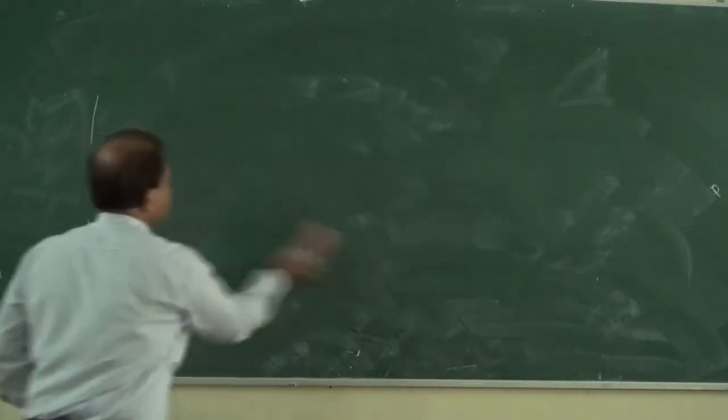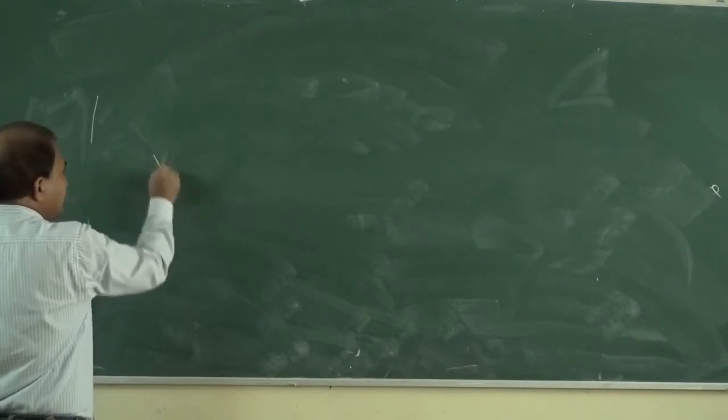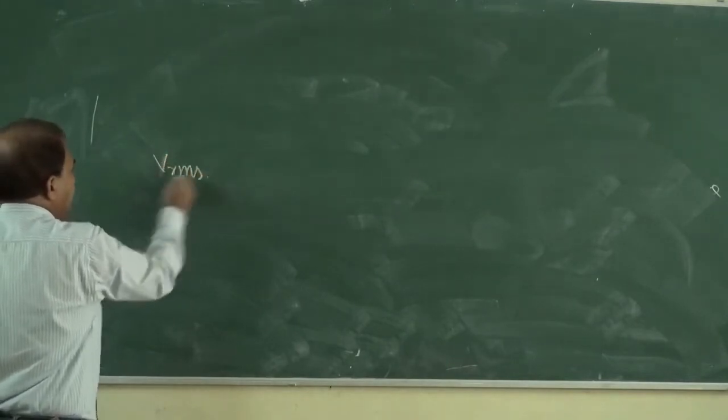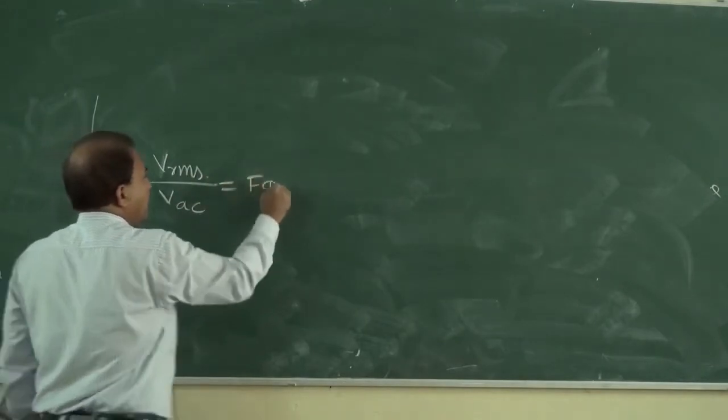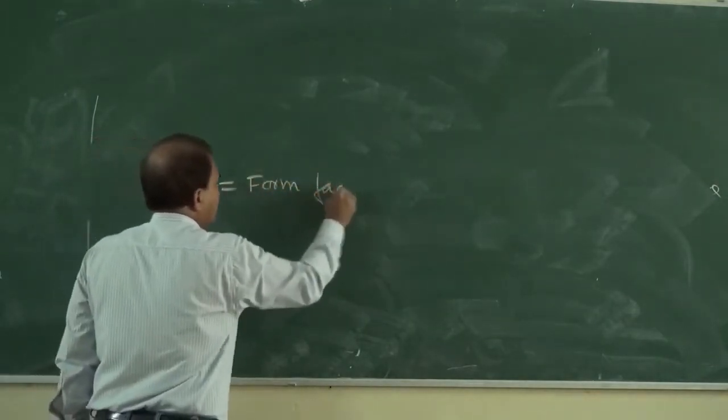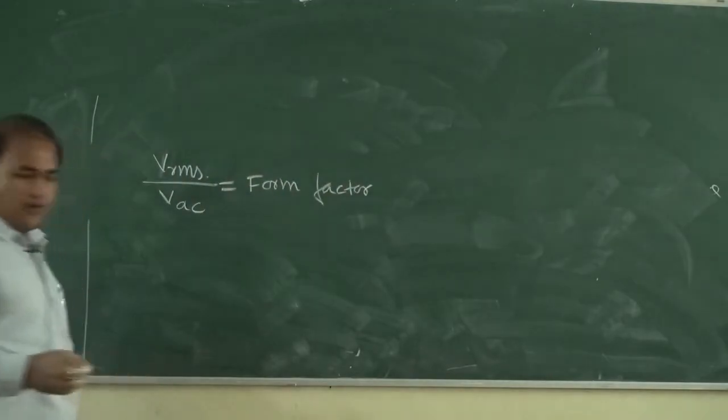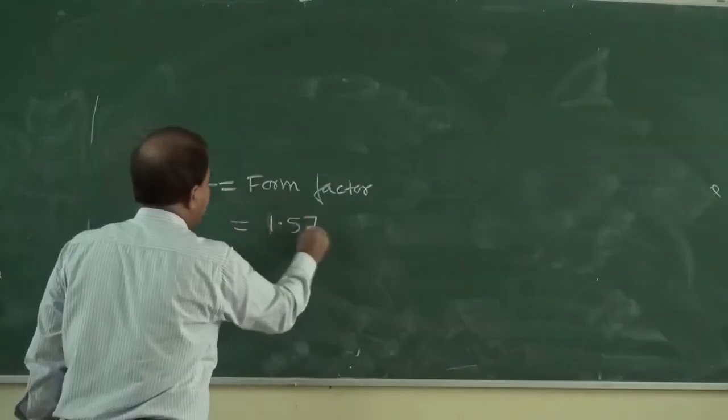Then we will see the ratio of Vrms divided by V average. It is equal to the form factor, which is 1.57.